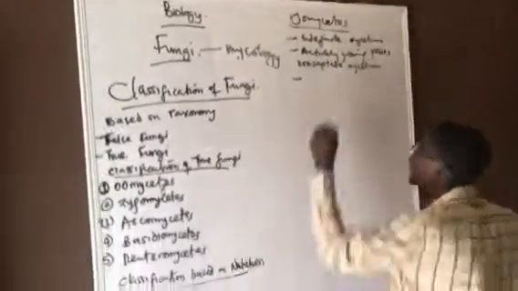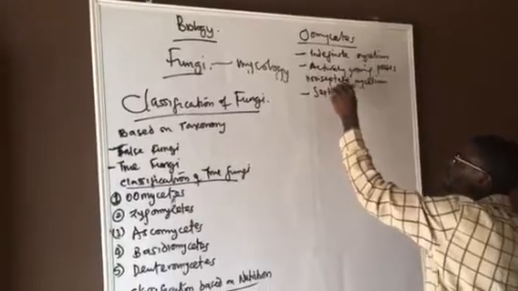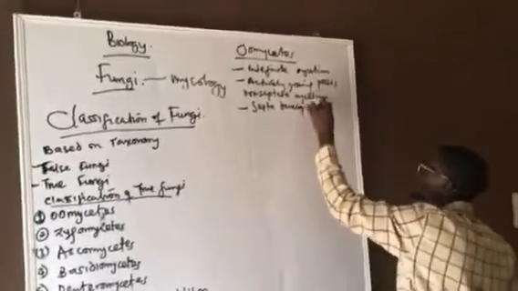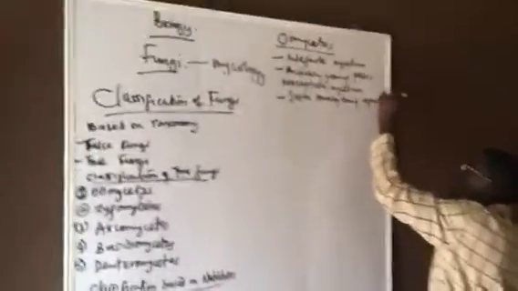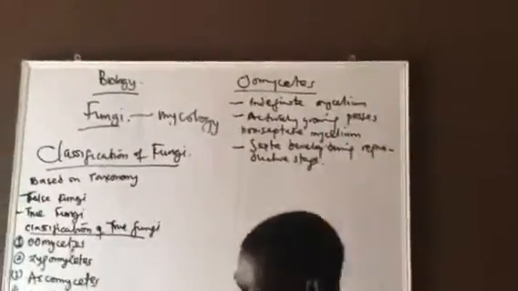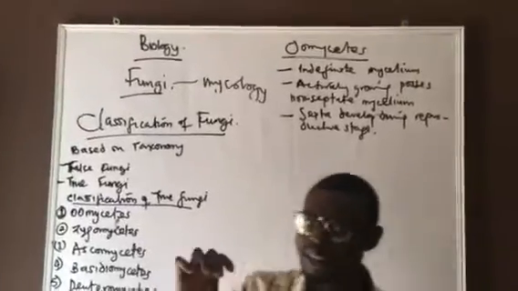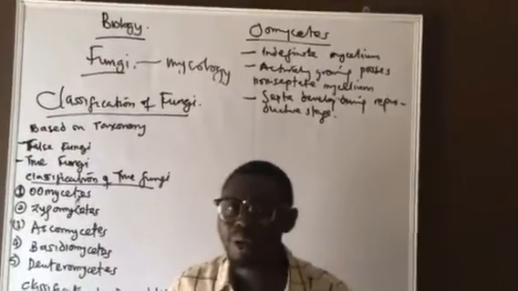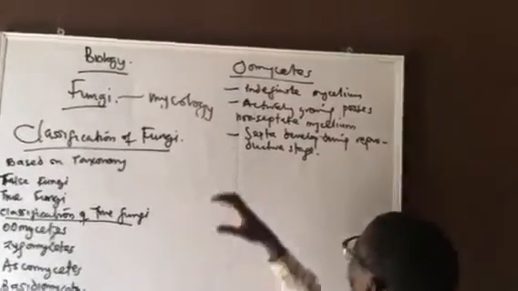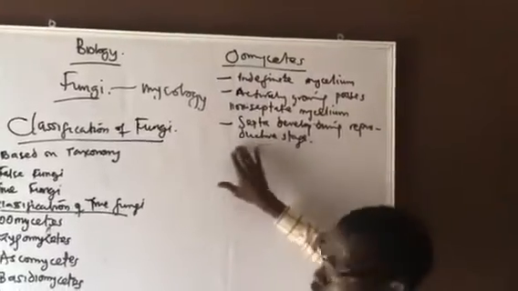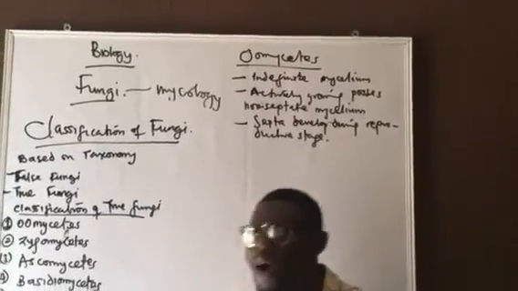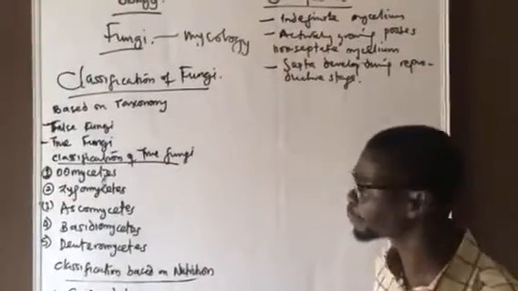Septa develop during the reproductive stage. That is why we say they don't have a definite mycelium. So you have to understand that Oomycetes, when they are young, are aseptate. But as they develop to maturity, the reproductive stage, it becomes septate. And septa are cross walls that divide the body.